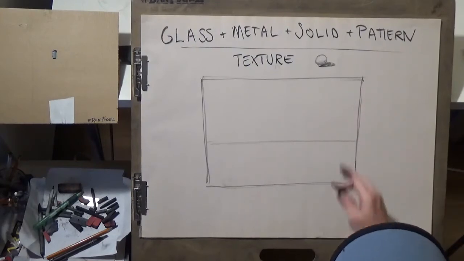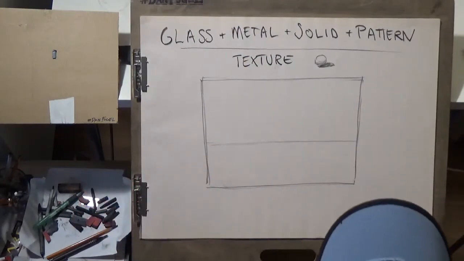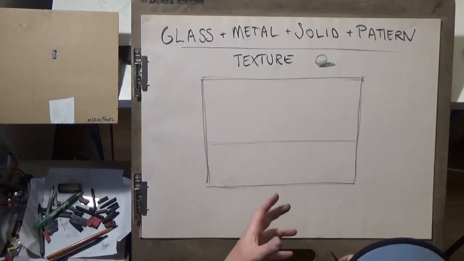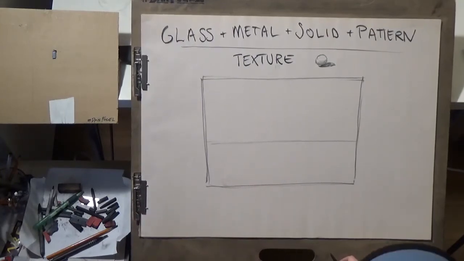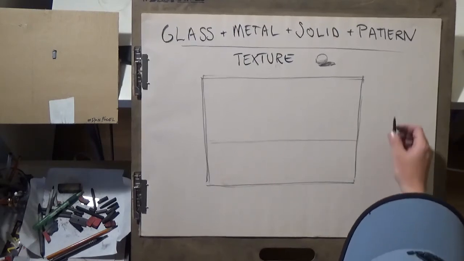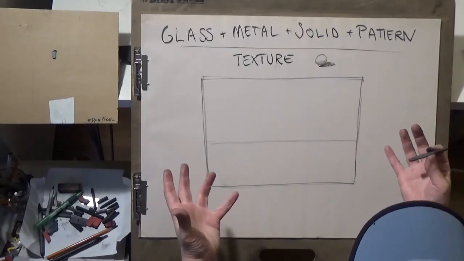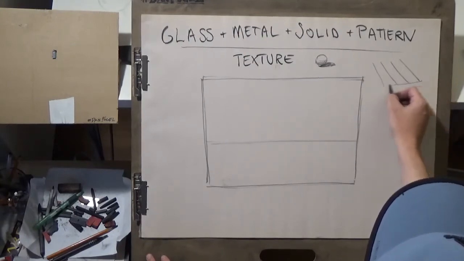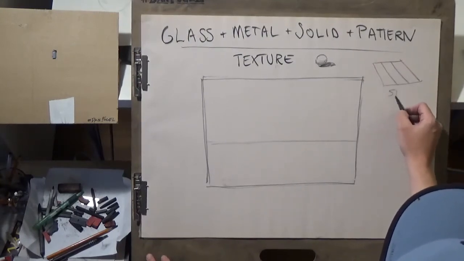And then pattern also is, in my opinion, a kind of category of texture. And for this case, we're just going to use a very graphic pattern that has a sharp edge. And so that's the main aspect of pattern that I want you to understand, that it has sharp edges.